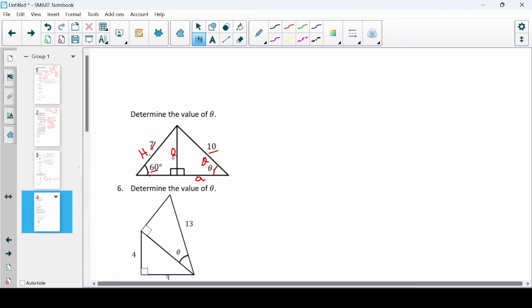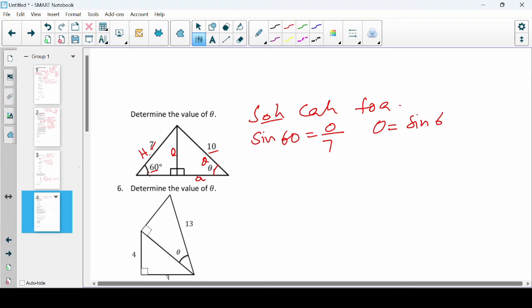So to find this O first, we use SOH CAH TOA. This is like a catchword, very important. So O and H, this is the formula we are going to use. Sine 60 is equal to O over 7, and O is equal to sine 60 times 7, right?